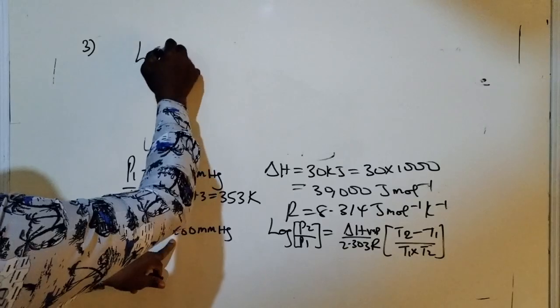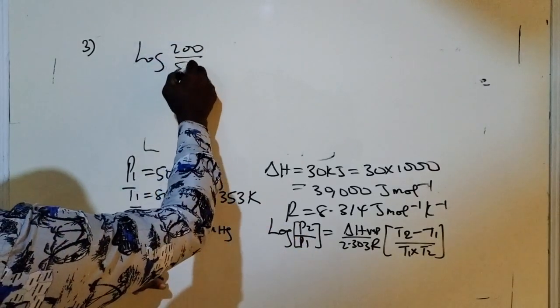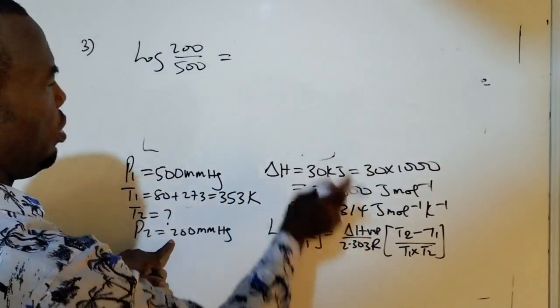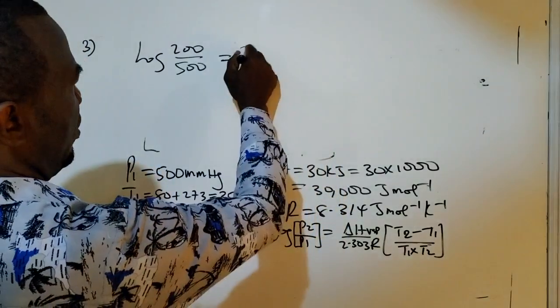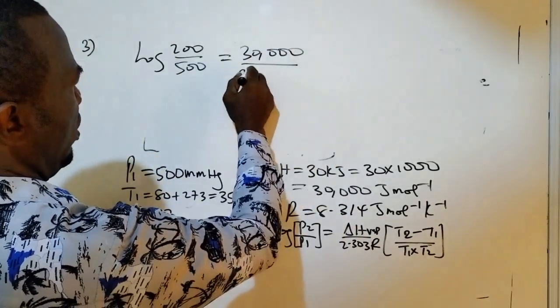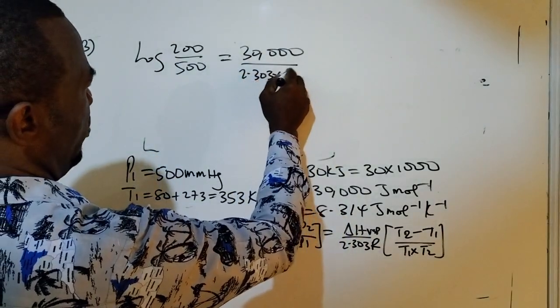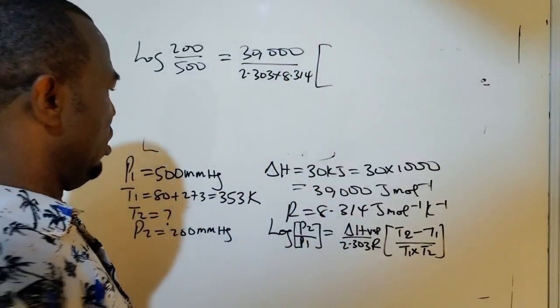We have log of 200 over P1, 500, equal to delta H vaporization. Our enthalpy is 30,000 all over 2.303 times 8.314, then T2 minus T1.